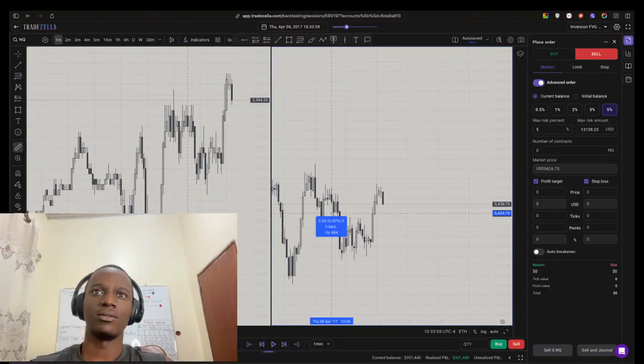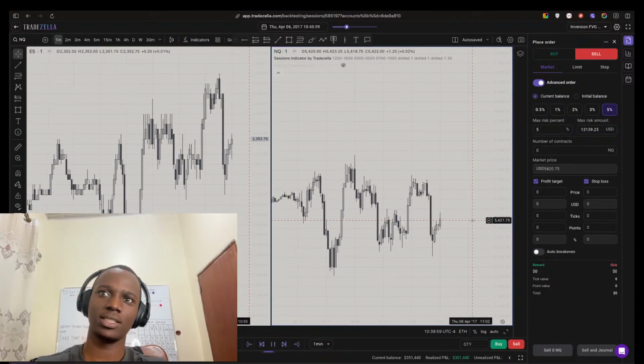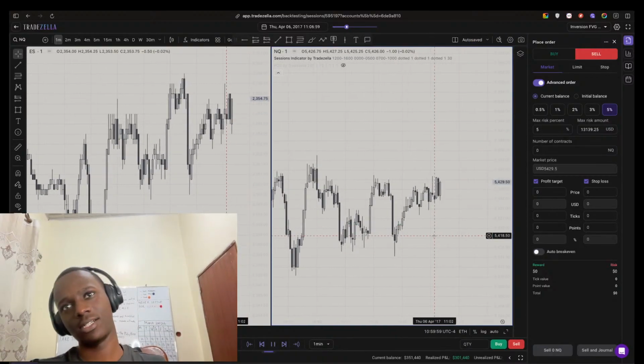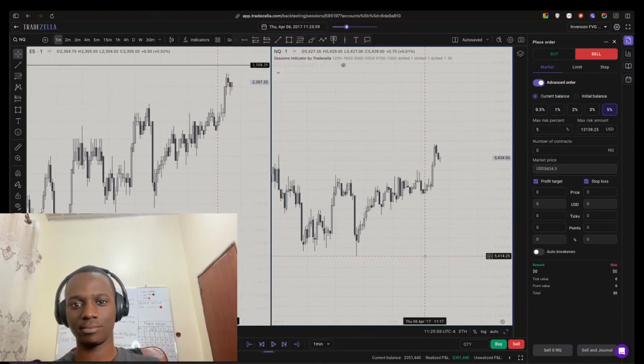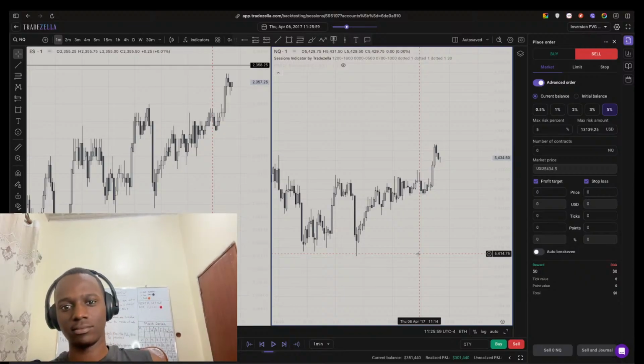So we can take longs after this inversion, but looks like it's not gonna happen. Instead, we're gonna have a chop session, chop time.